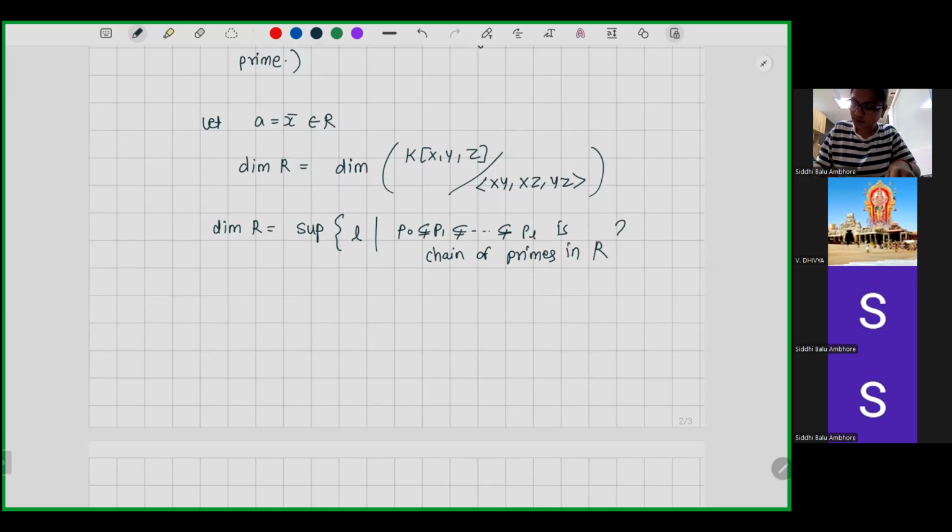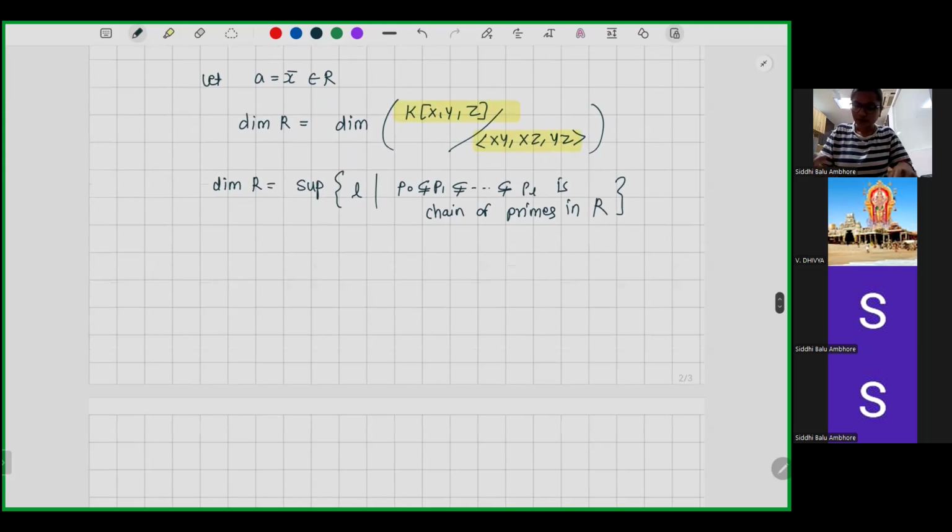Okay. So when we talk about the prime ideals of this quotient ring, we have to check the prime ideals. I mean, we did find the dimension of this ring in an earlier case, because we have seen this ideal previously also.